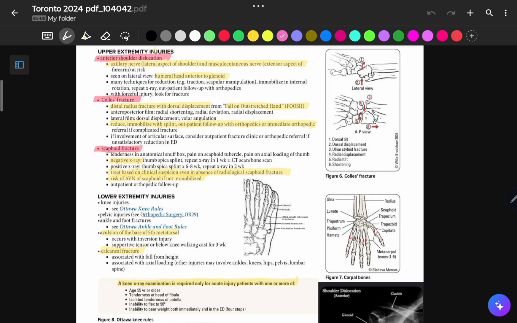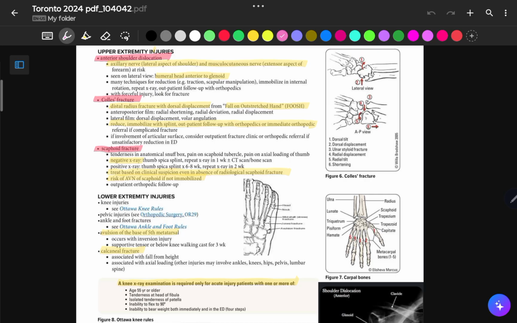If you have a positive X-ray, you are going to do a thumb spica splint, and the patient comes back in 6 to 8 weeks, and you repeat the X-ray in 2 weeks. They will keep it for 6 to 8 weeks, but before that they come back in 2 weeks just to see the progress. So make sure you treat based on clinical suspicion.